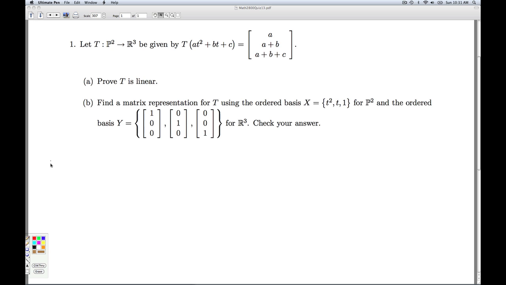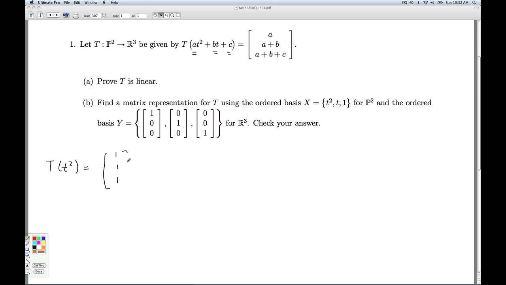Okay, so let's take T of t squared. That's our first basis vector here. And I look at my formula. I have 1 t squared, 0 t's plus 0. So that means that I have 1 plus 0, 1 plus 0 plus 0.